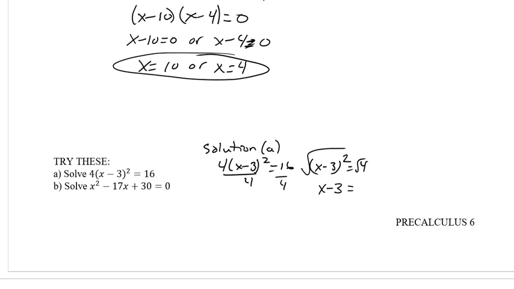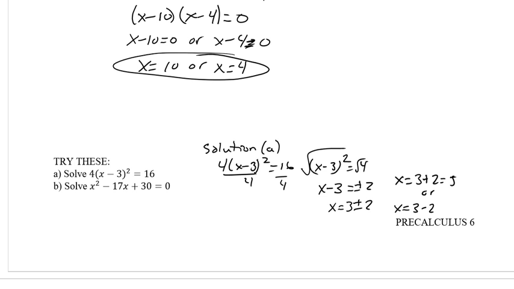And now add 3, so x equals 3 plus or minus 2. Now in this case I would not leave it like this, because 3 plus 2 and 3 minus 2 are simple math, so I'm going to do that. So x equals 3 plus 2, which is 5, or x equals 3 minus 2, which is 1. Those are our two solutions for A.